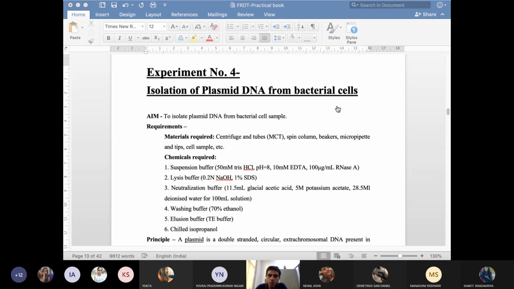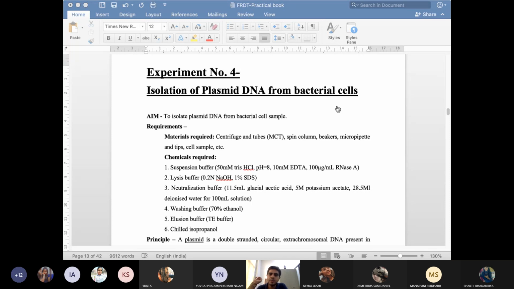Okay, so this OH hydroxide ion is going to interfere with these hydrogen bonds that are present between two nitrogenous bases, between two DNA strands. When they interfere with this hydrogen bond, what are they going to do? They are going to break the hydrogen bond. When they break the hydrogen bond, your DNA, which was earlier double-stranded, is going to become single-stranded.